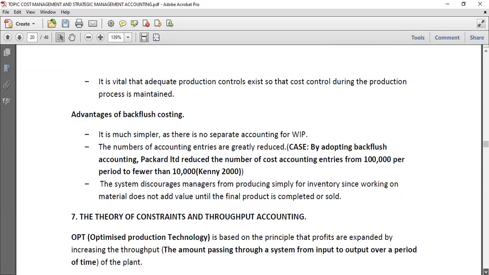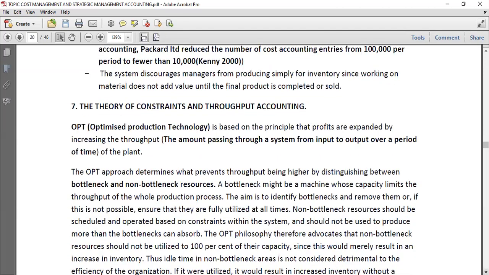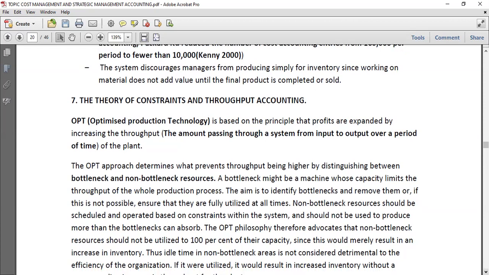That you need to look at. The same thing also when it comes to the throughput accounting as well, okay? The throughput accounting. And of course, as you can see, it's sometimes called the OPT. This is based on the principles that profits are expanded by increasing the throughput.